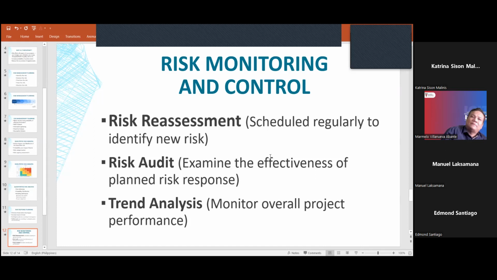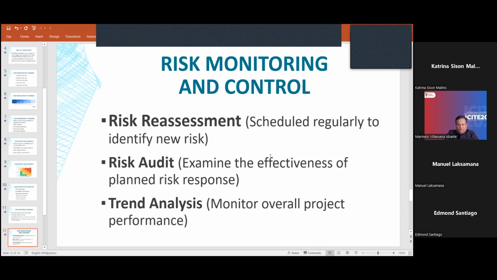Kasi in the near future, since our technology is rapidly growing, and there are also new types of risk that can affect our software or the organization, we need to examine and assess if the response is still effective in the near future.